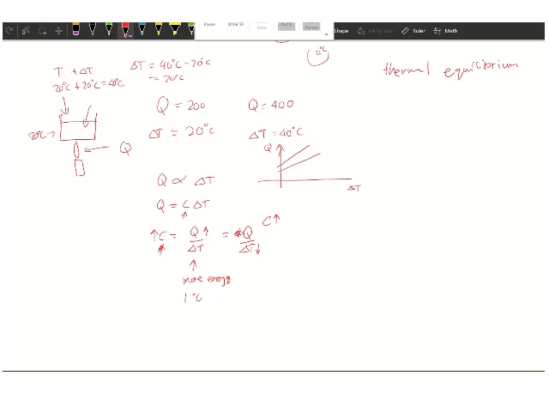Or you can say it another way: with, let's say, 100 joules, you increase less than 1 Celsius.